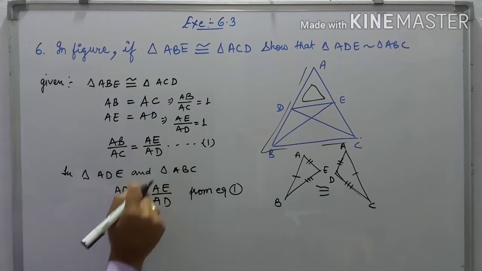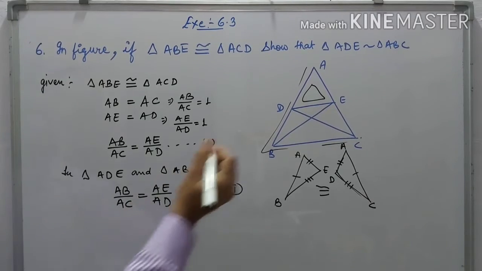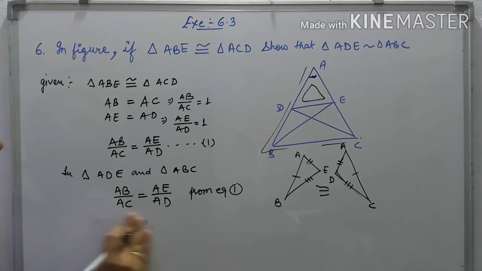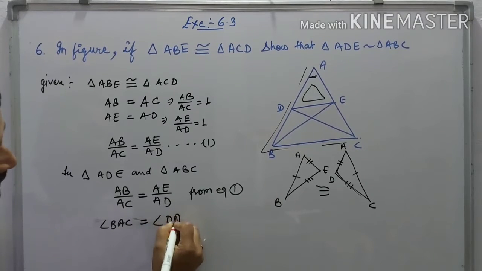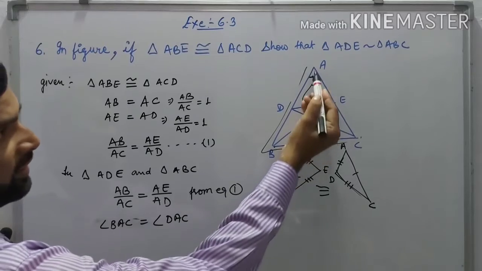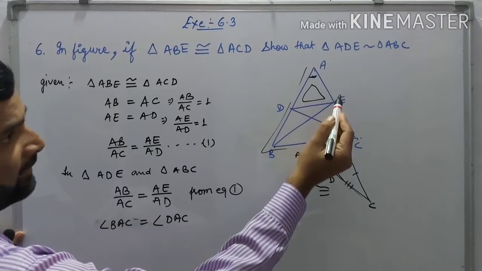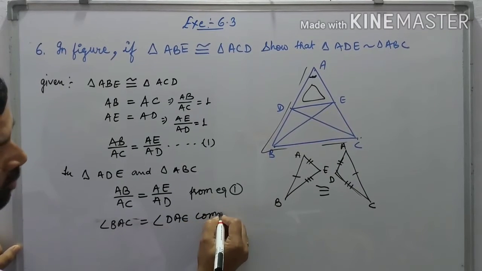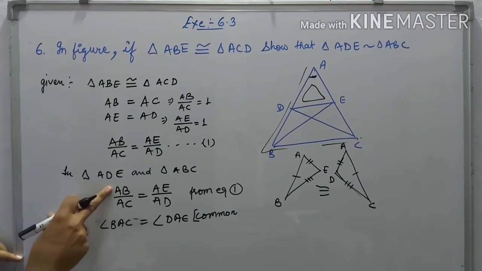And one angle is angle A, in full form angle BAC is equal to angle DAE. It is a common angle. So the sides are AB upon AC.